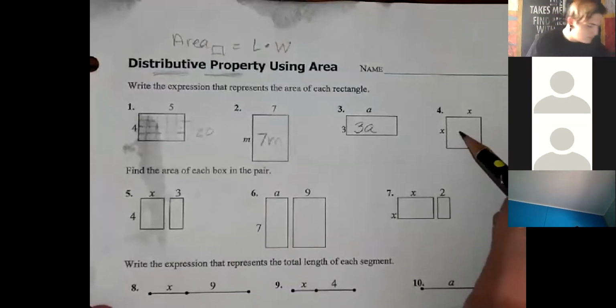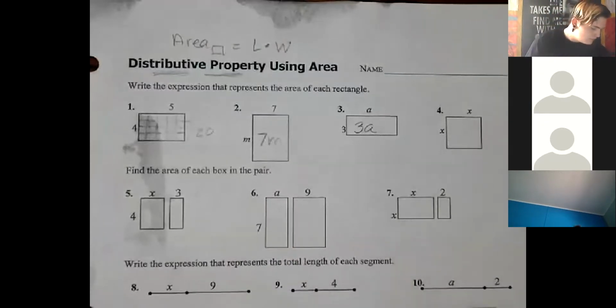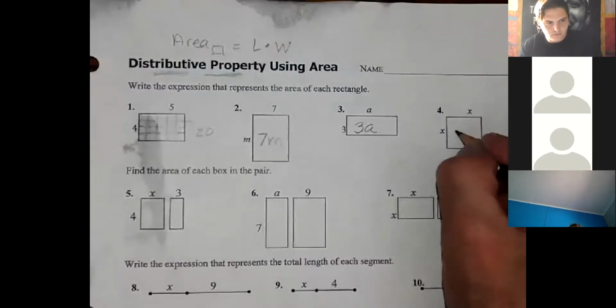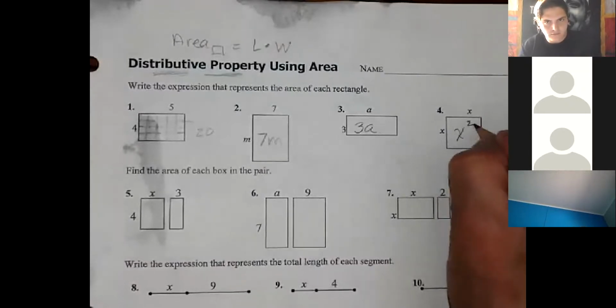But what do we write for this one? X squared. Okay, all right, I like that. So you're saying X squared.